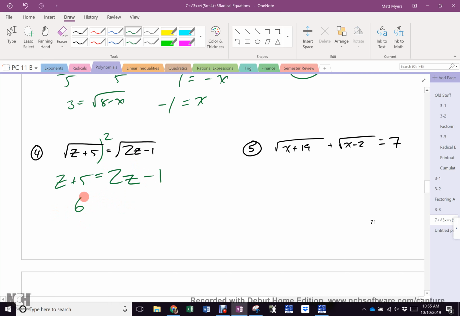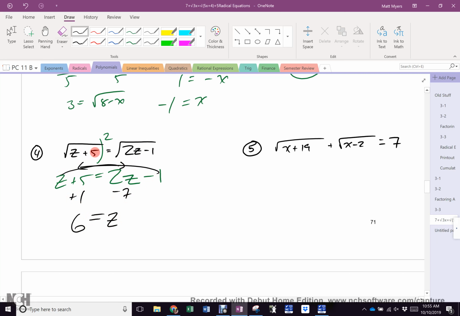The z comes over here and becomes minus z. This comes over here, becomes plus 1. So z equals 6.